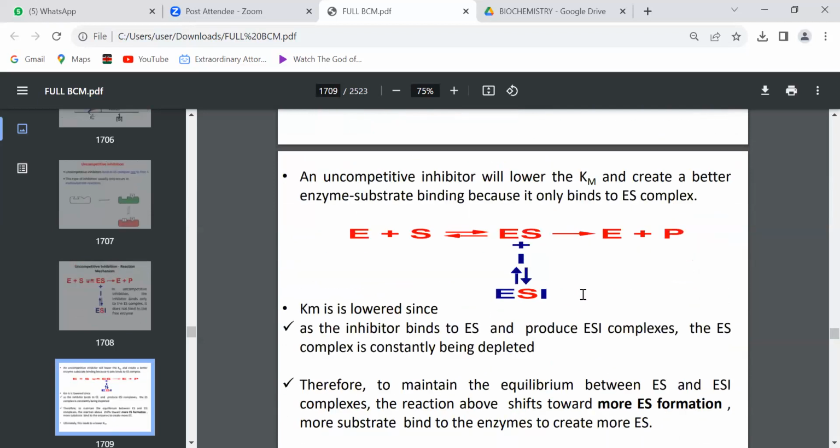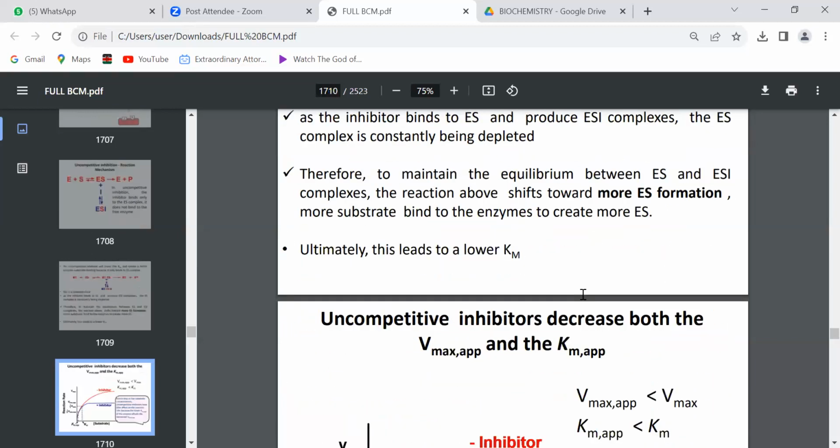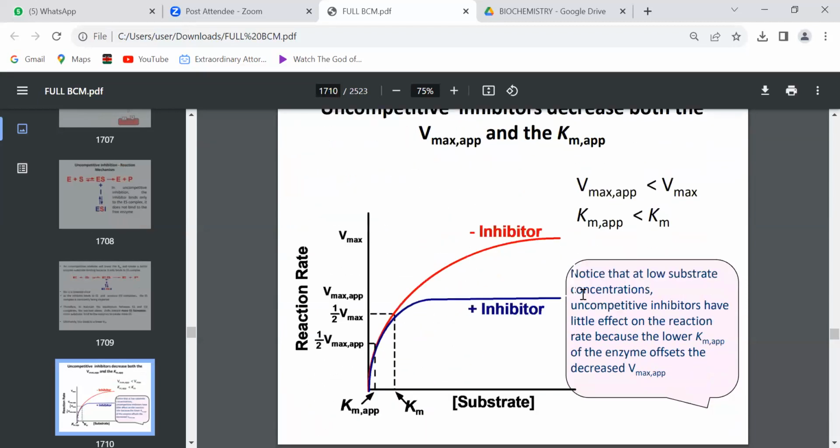Uncompetitive inhibitors lower the Km since the inhibitor binds to the complex, producing an enzyme-substrate-inhibitor complex, and so the enzyme-substrate complex is continuously being depleted. So uncompetitive inhibitors reduce the Km.